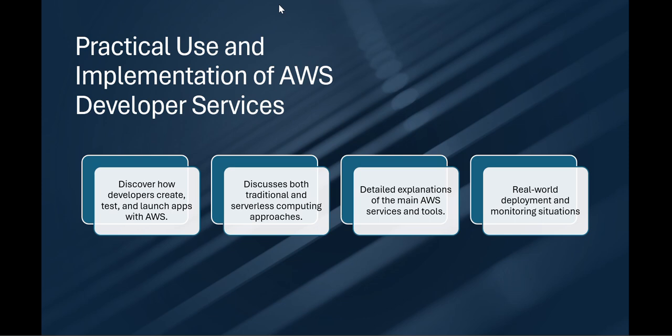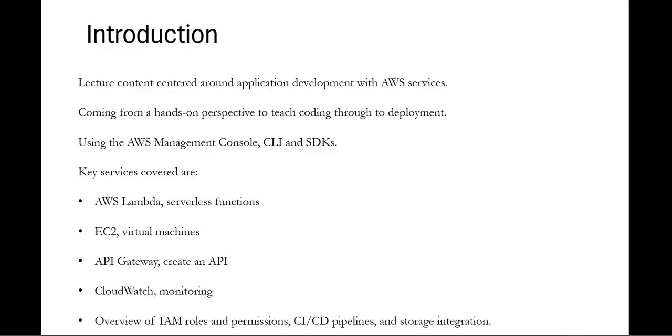Here I'm just writing about a few of the things, and we are going to the next slide. In this video, I'm going to explain the introduction and lecture content centered around application development with AWS services, coming from a hands on perspective to teach coding through to deployment using the AWS Management Console, CLI, and SDKs.